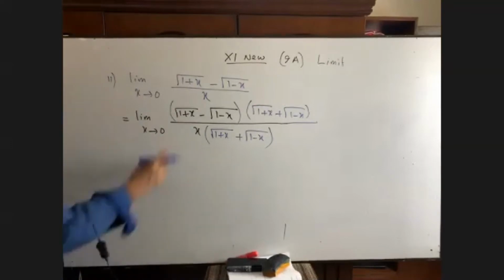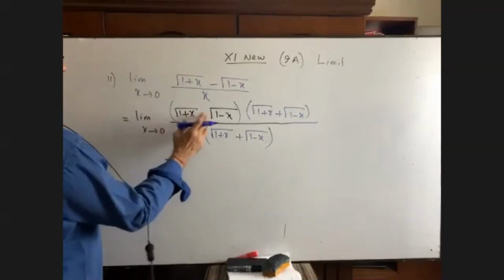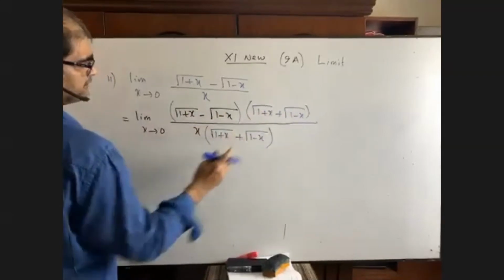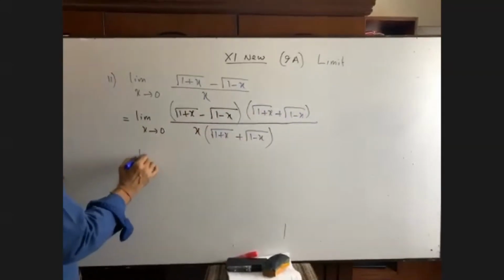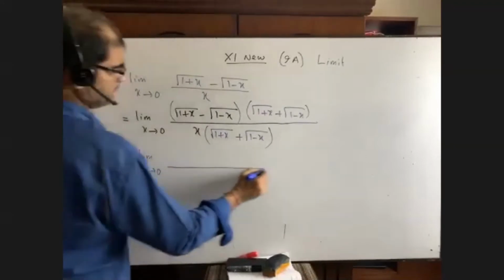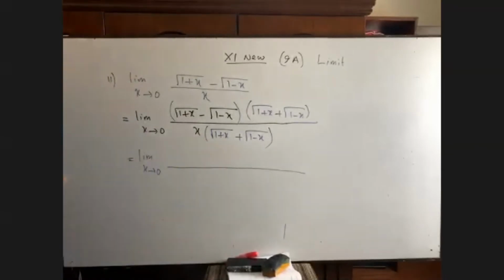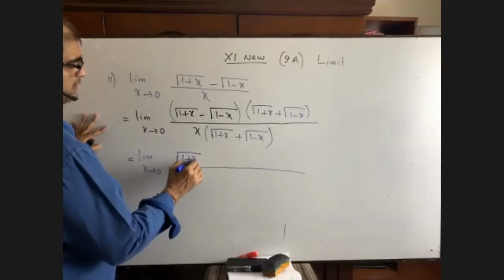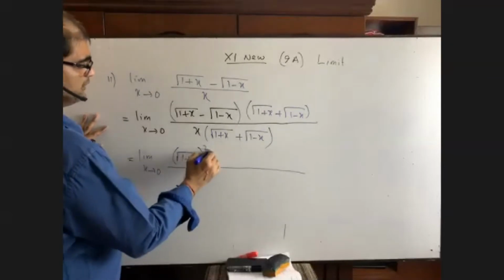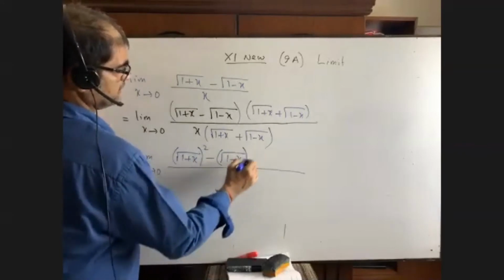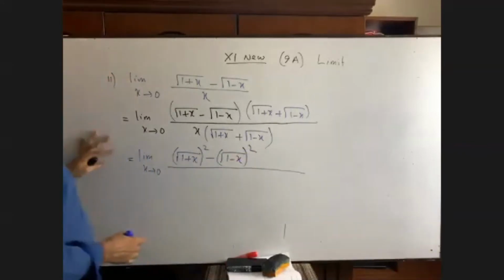Okay, its conjugate is, if it is a minus b, then it is a plus b. Now in the numerator we get this formula, a square minus b square, right?